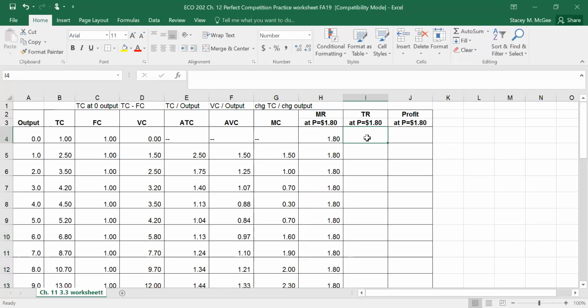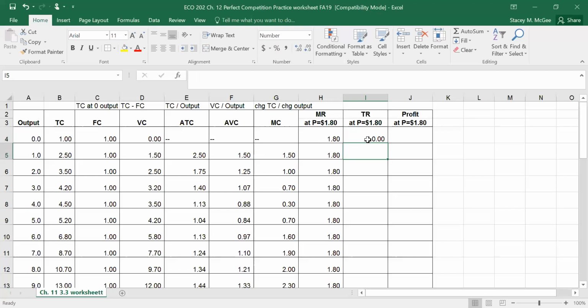The total revenue is going to be the price per unit that you get times the number of units you sell. So it's just going to be the price here, the marginal revenue, which is H, times the output. And so it's 0.